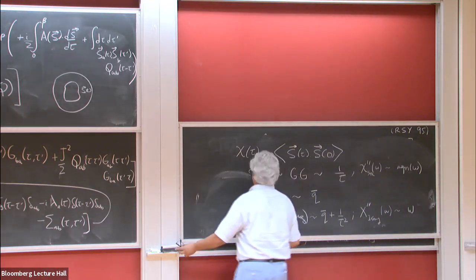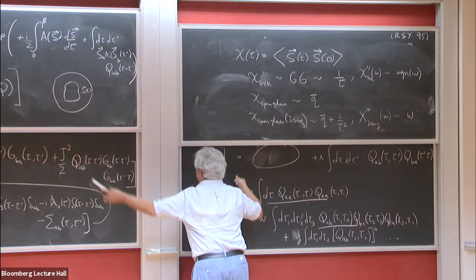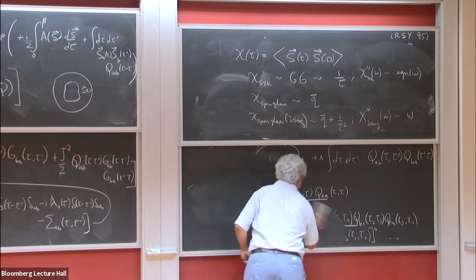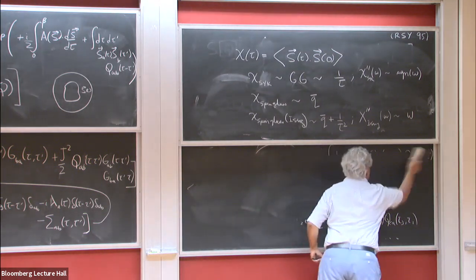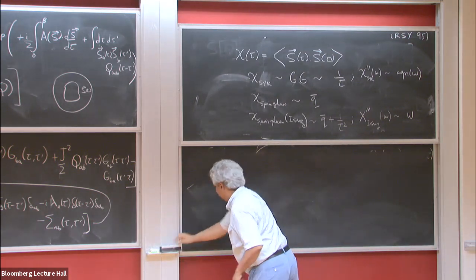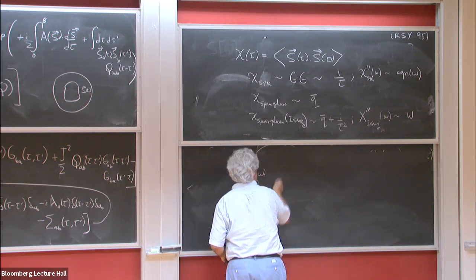So what do we get? What we know, we're pretty confident what happens by solving this equation and looking at it more carefully with 1 over N corrections, is that chi double prime of omega, let's say for SU2, this is our guess.